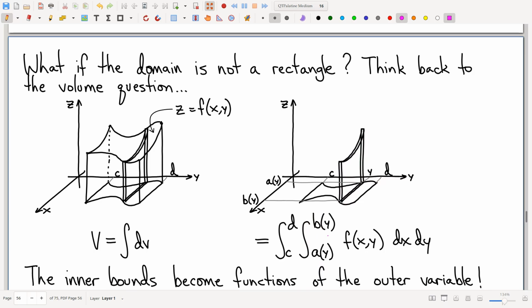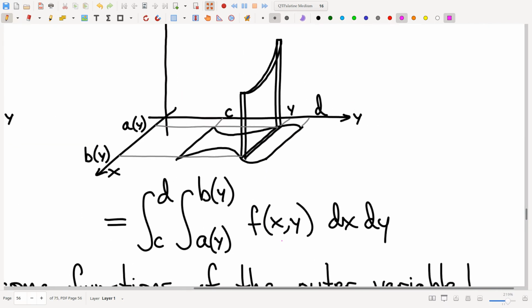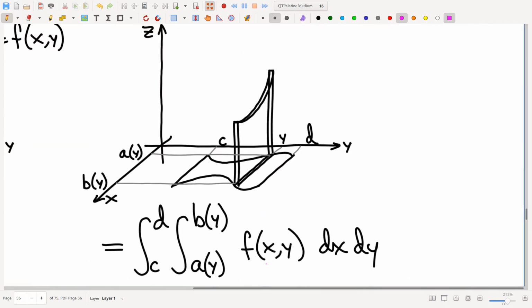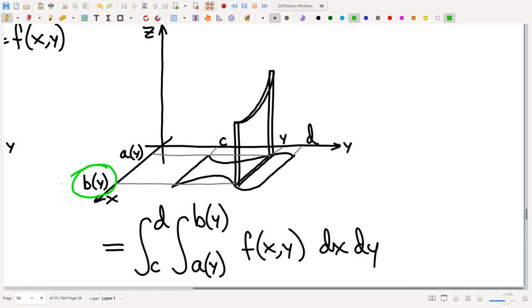The one little thing that is importantly different is the inside bounds. So, in particular, if I want to know, for example, let's look at the upper bound. I think it'll be easier to see that upper bound. And how does that upper bound depend on y?